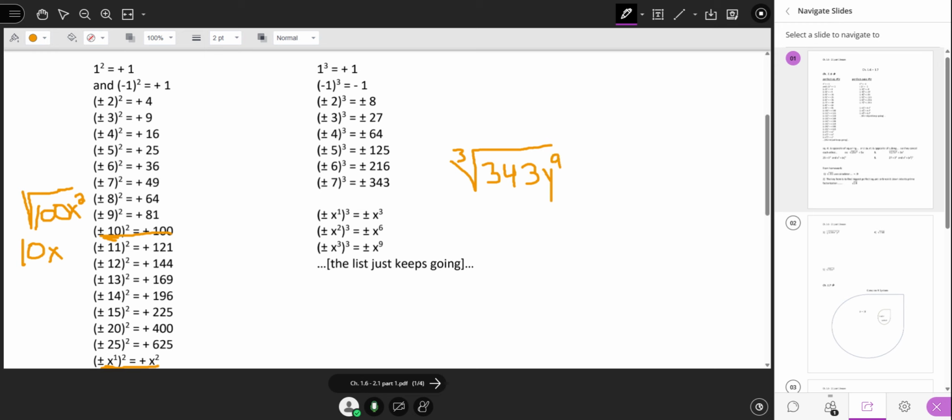So I go to 343, and let's say that was negative. So 343, and it's negative. So that would be negative 7. Then I go to y to the ninth, and that would be y to the third power.